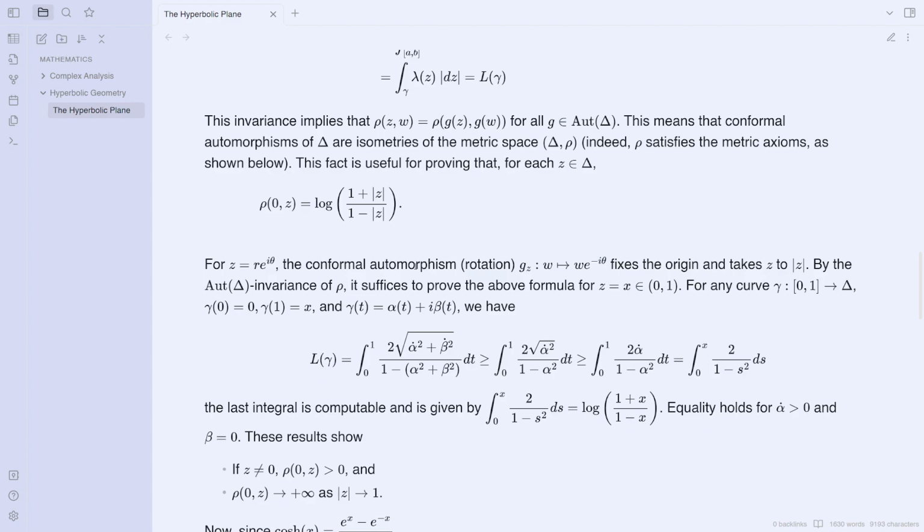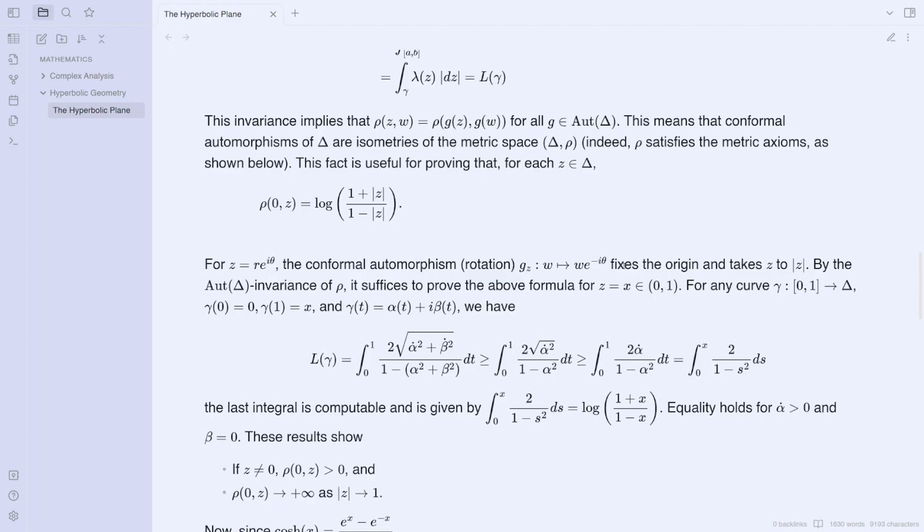I'm going to take z and rotate it until it's lined up with the real axis. So all I do is apply this. This is a conformal map. I take any w and I map it to w e to the negative i theta. So if I plug in z to this function, I'm going to get r times e to the i theta times e to the negative i theta. That's just going to be r times e to the 0, which is r.